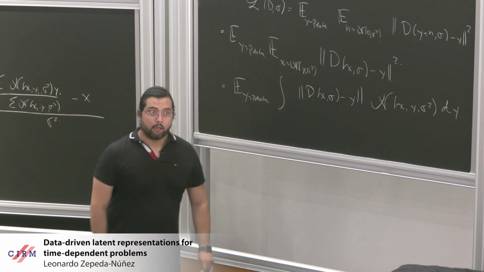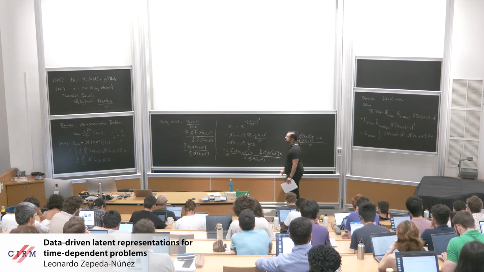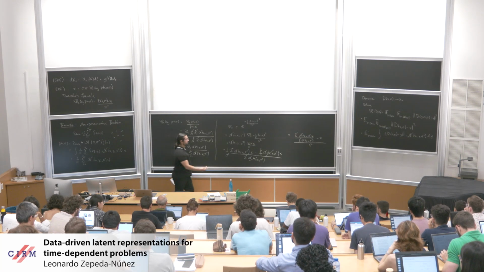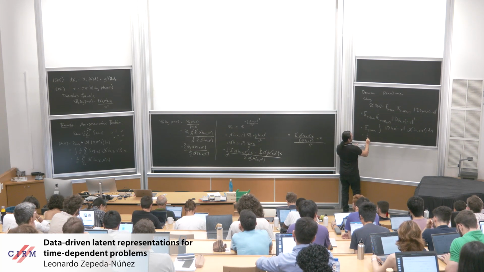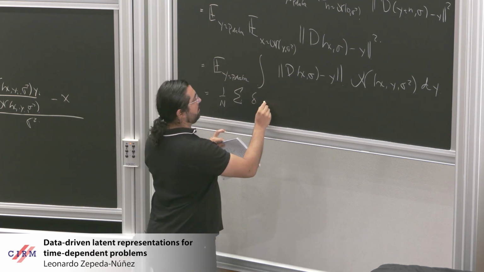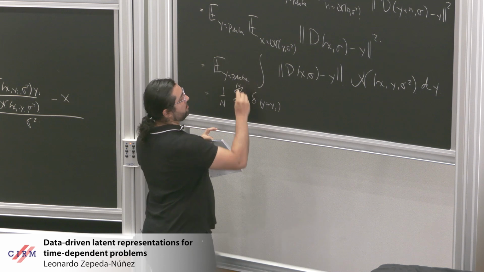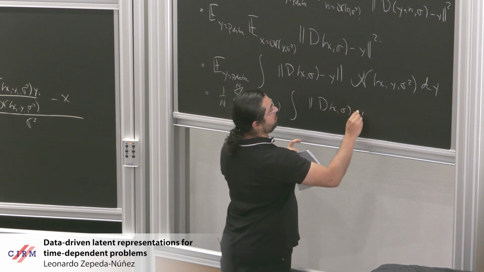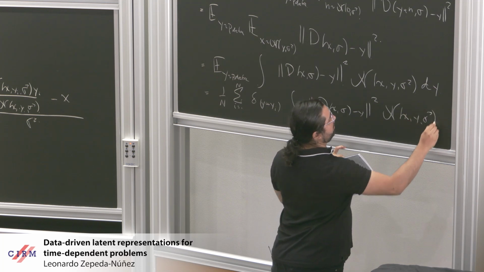Okay. Now, last thing is what is this guy looking like? So this guy p data is nothing more than all our Dirac deltas. So you can add just this one in this case. So what you have is basically 1 over n sum of what? Of Dirac delta. Let's see. This is going to be y equals yi, or y minus yi, i equals 1 to n. Integral, and then you have D(x, sigma) minus y squared everywhere, normal N(x; y, sigma square) dy.